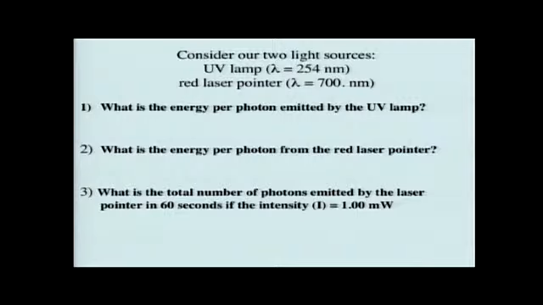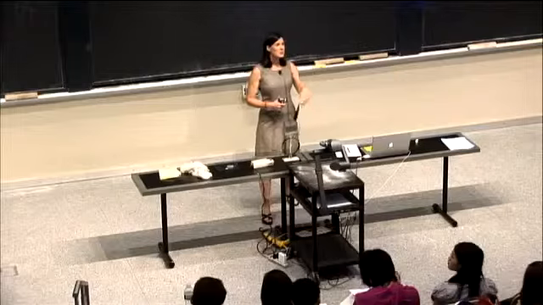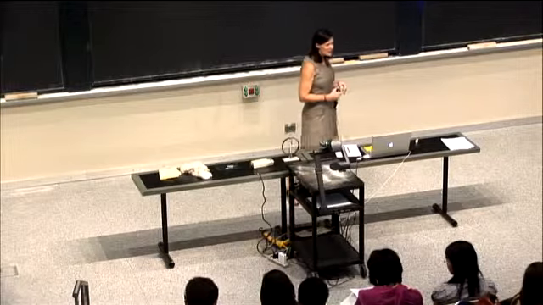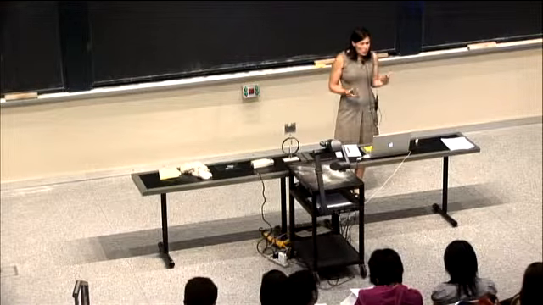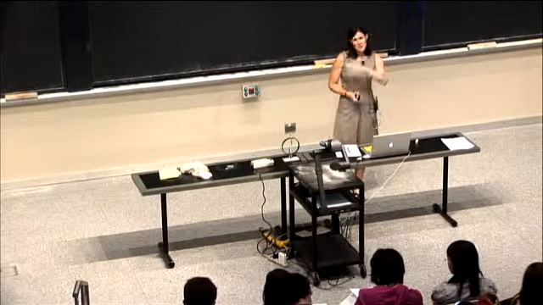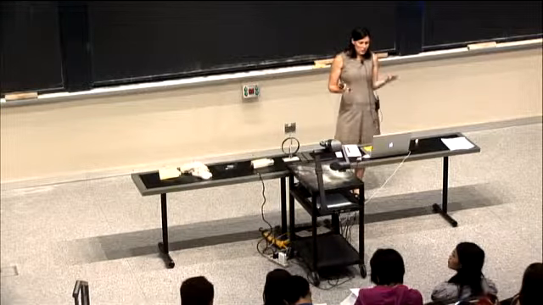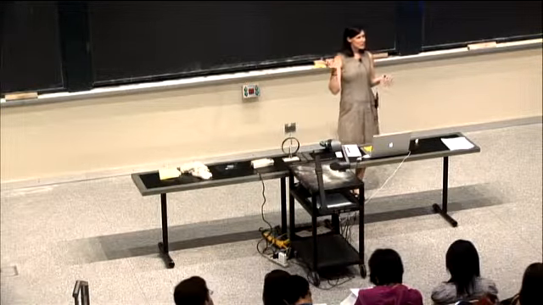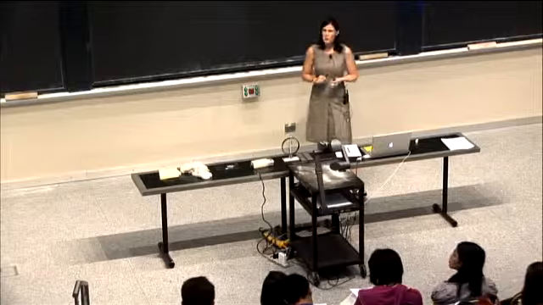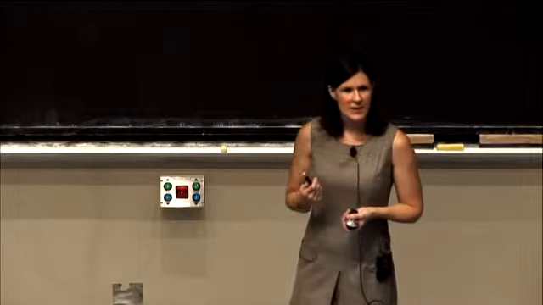So there are a few questions that we need to answer first. We want to see, do we expect to eject electrons off of this metal surface, or do we expect that we don't have enough energy? That means we're going to need to figure out what is the energy per photon that's emitted by that UV light. Also, what's the energy per photon of this red laser pointer? And then it's also worth trying a calculation dealing with intensity.